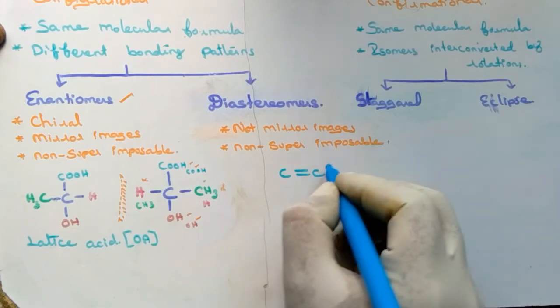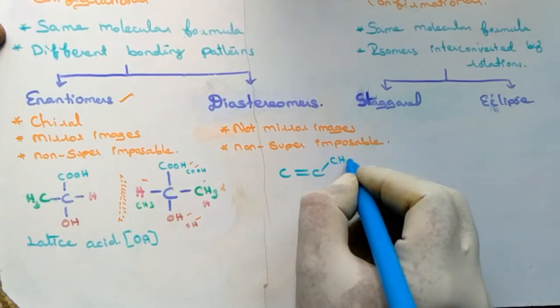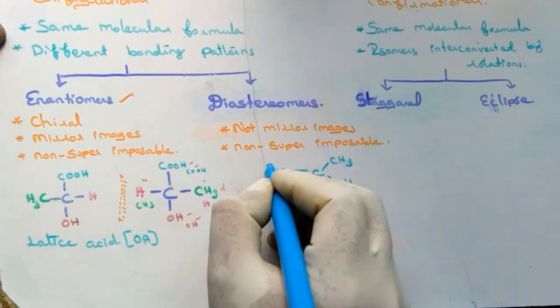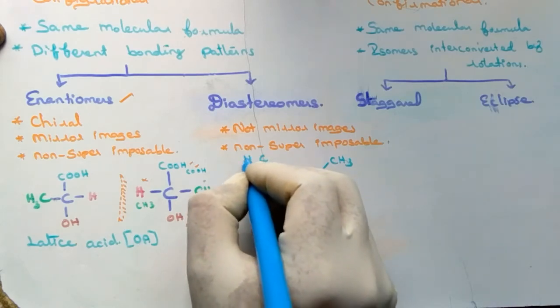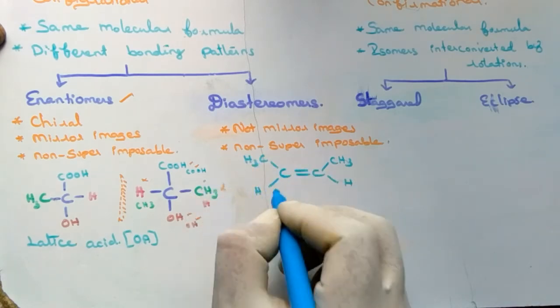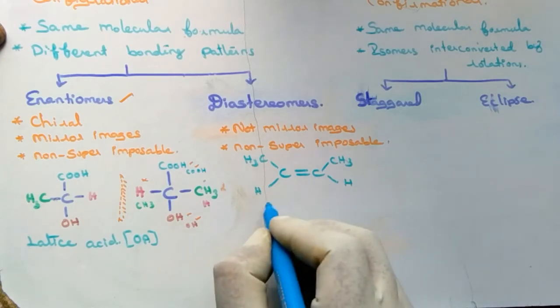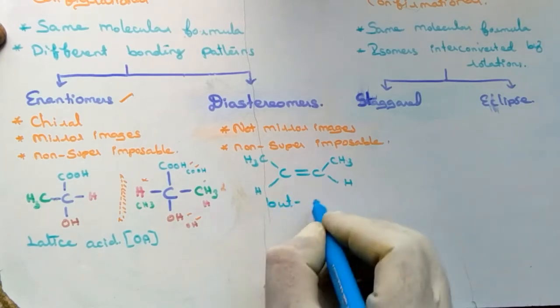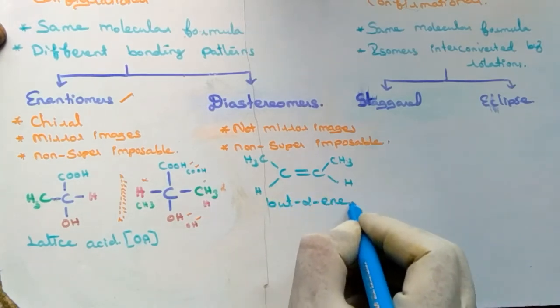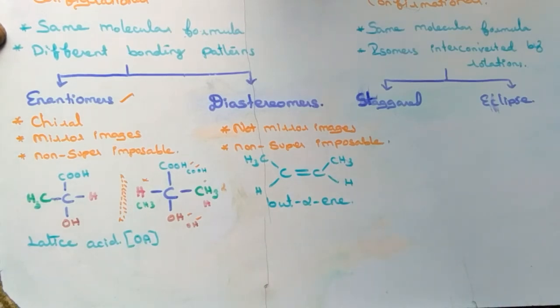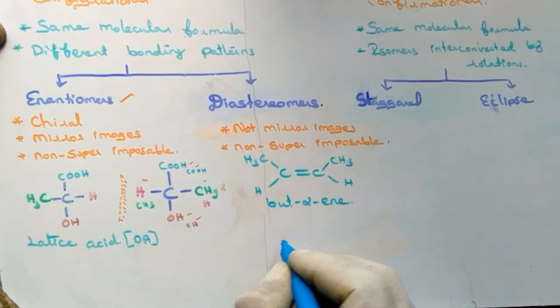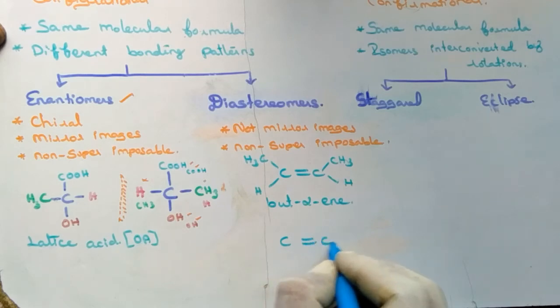First, I am going to write a compound. CH3, hydrogen. What is the name of this compound? It is butene, or 2-butene. Just look at this compound also.